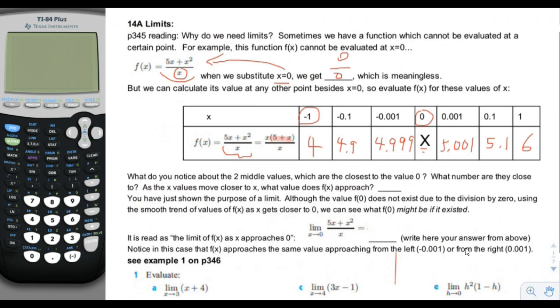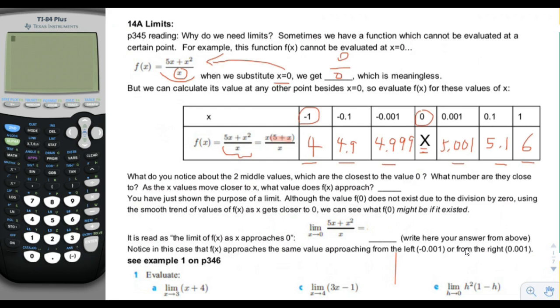If you compare this value to this value to this value, you can see that each step we take, we are getting closer and closer to the number 5.0, right? And if we go from the right to left, 6, 5.1, 5.001, you can see that with each step we take, we get closer and closer to 5.0 again. Okay?